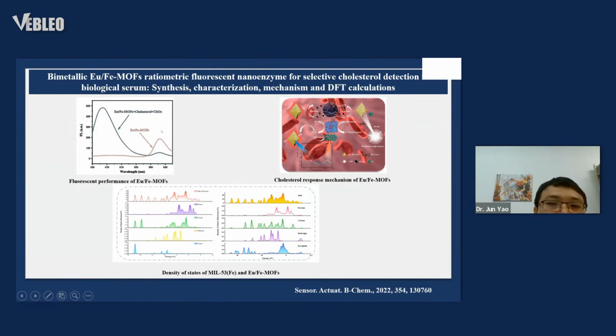This one shows the cholesterol and its oxide added to the doped MOFs, where FR intensity increases at 458 nanometers and 615 nanometers.